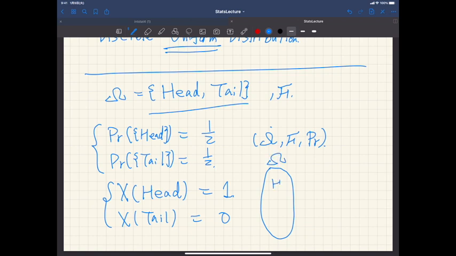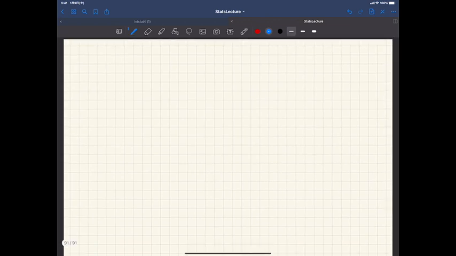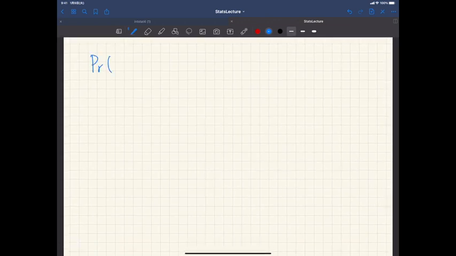We have head and tail, and on the other hand we have 0 and 1, and head goes to 1, tail goes to 0. That's x. Now, what's the probability that this x takes the value of 1?